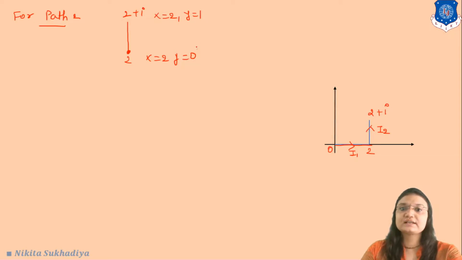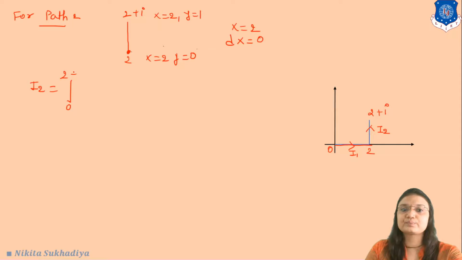So you can clearly see that y goes from 0 to 1 and x remains constant, x = 2 in this second part. Taking the derivative on both sides, we get dx = 0.